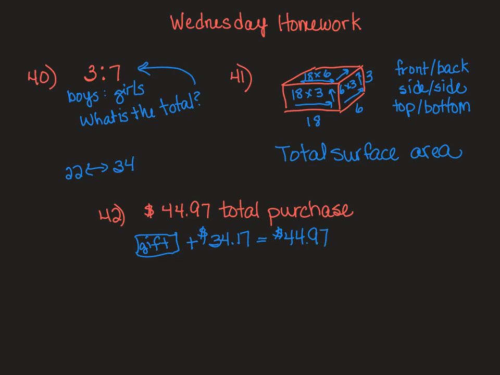Our goal is to find out what the heck this gift card is. Okay, so first we're going to find out what it is in money, right? So the gift card must be, if my total purchase was $44.97, and then I paid in cash $34.17, then that gift card must have had $10.80 on it.